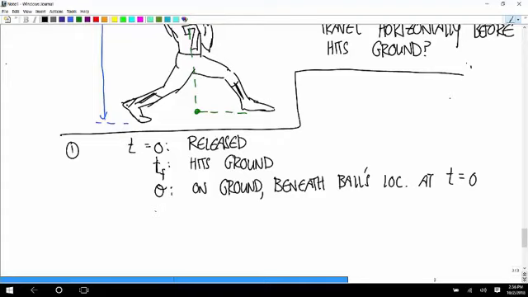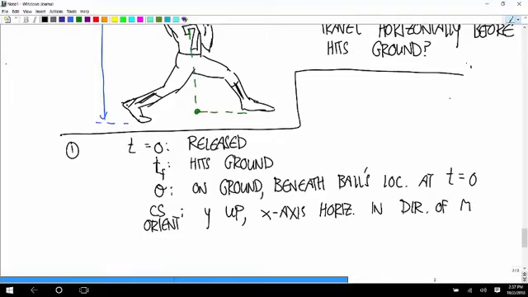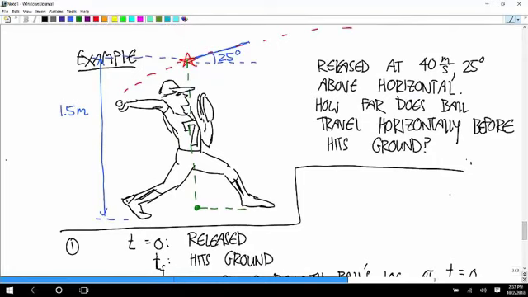And then the coordinate system orientation: I'm going to have the y-axis up, and I'm going to use that in every free fall problem too. And the x-axis horizontal in the direction of the ball's motion. Okay, so my y-axis is like this. My x-axis is like this.